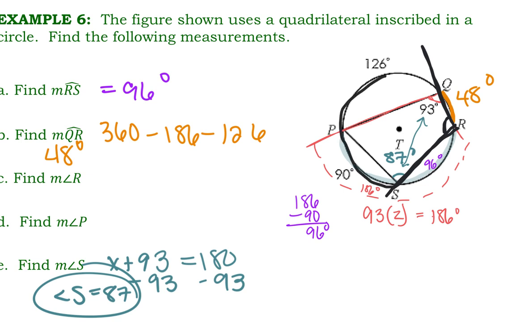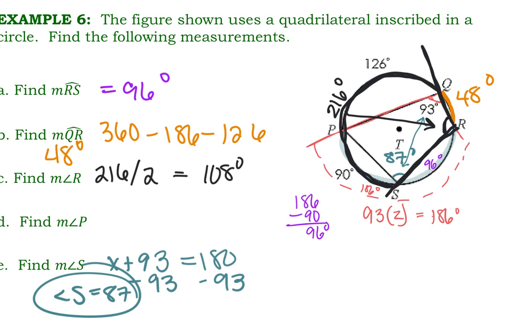So what's 90 plus 126? 216, she says. All right, so if this is 216, how do I use that to figure out angle R? What do y'all think? Divided by 2? All right, so 216 divided by 2, what does that get us? 108 degrees. All right, we're almost done.